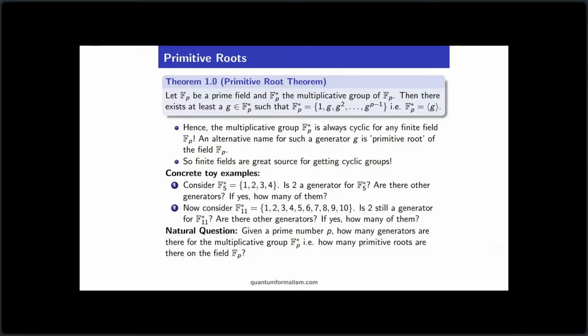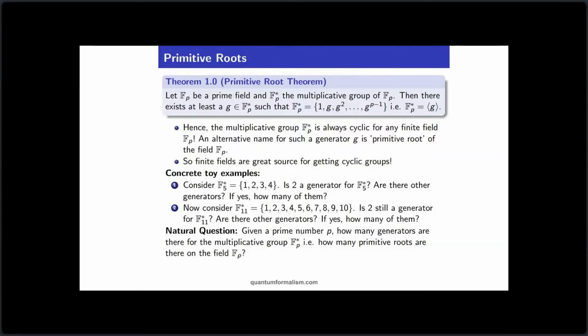Okay, any guess? Dimitri is saying except one. Based on your extrapolation, let's assume you are right, Dimitri, except one. So in the case of F_5 star, he found a counterexample. Okay, that's fine, that's good.